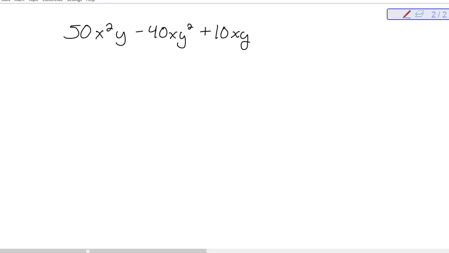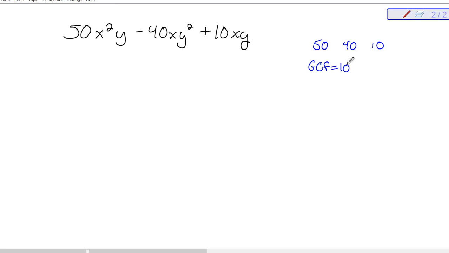We have 50, we have 40, and we have 10. Well, we know that 2 will go into all of them. We know that 5 will go into all of them. But the greatest number that will go into all of them is actually 10. So our greatest common factor is going to have a 10 in it.